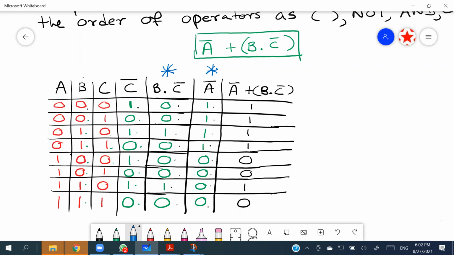Right, now when you are adding the things, you are going to receive 1 in most of the cases, right? So 0 plus 1 is going to be 1, 1 plus 0 is going to be 1, and 1 plus 1, according to Boolean algebra, is equal to 1. Only one scenario, just one scenario, is going to have the 0, where 0 is adding up with another 0, right?